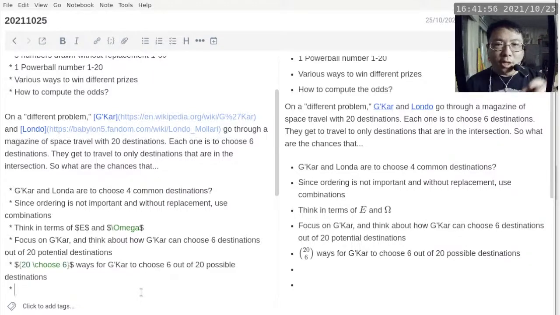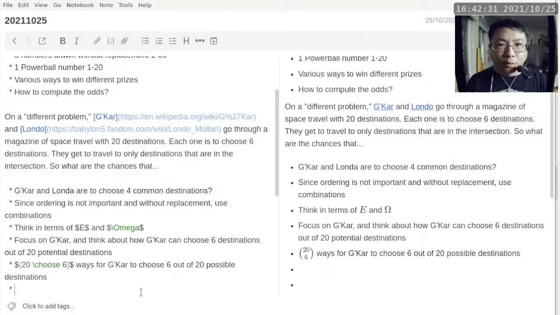So Londo comes along and goes, okay, it's my turn to choose 6 destinations out of the 20 possible destinations. But we are not interested in how many ways Londo can choose 6 out of 20 possible destinations, because now we are only interested in, out of the 6 destinations that Londo is going to choose, we want 4 that are in common with what Jacquard has chosen, and obviously the other 2 would not be in common, right?